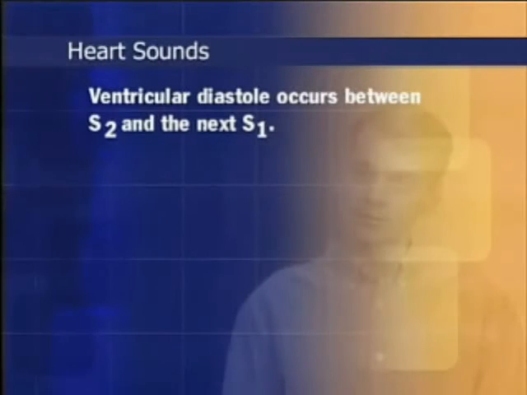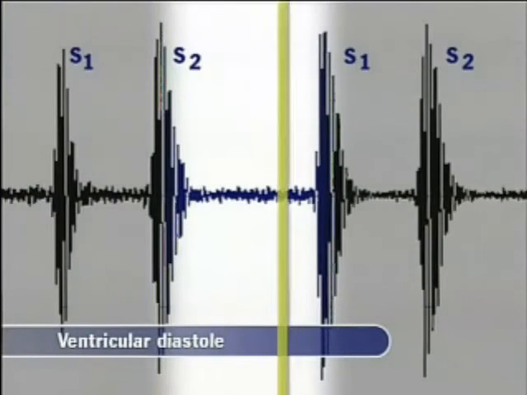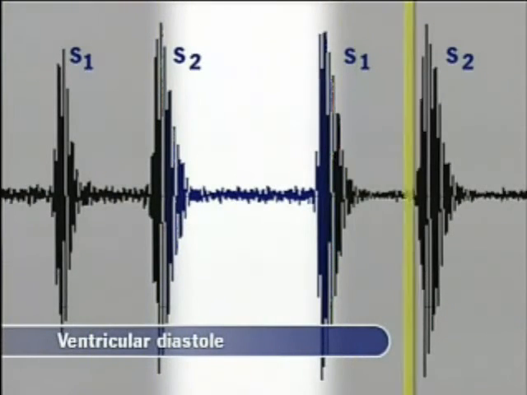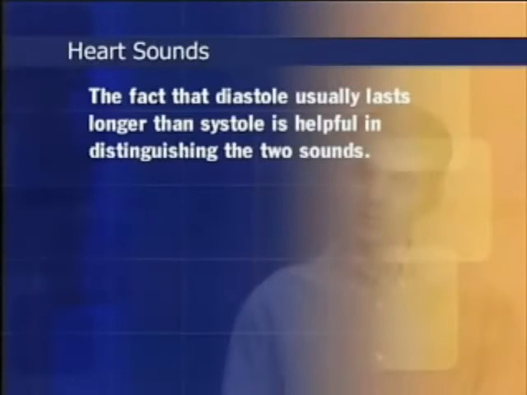Ventricular diastole occurs between S2 and the next S1. The fact that diastole usually lasts longer than systole is helpful in distinguishing the two sounds.